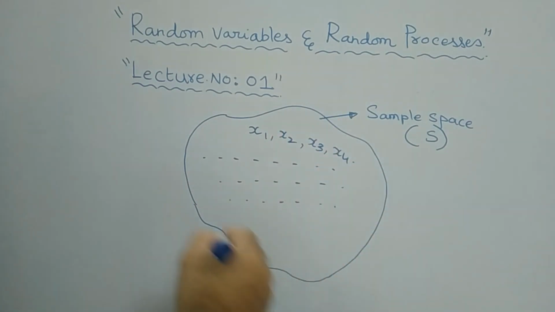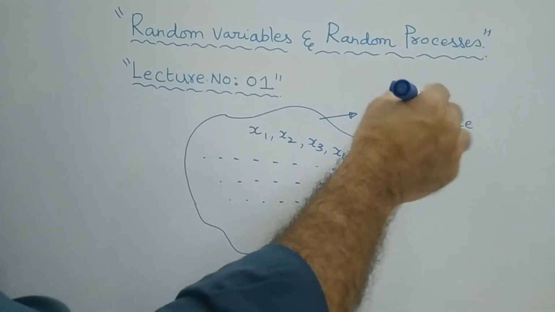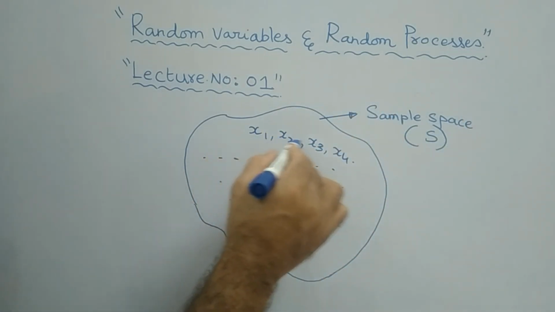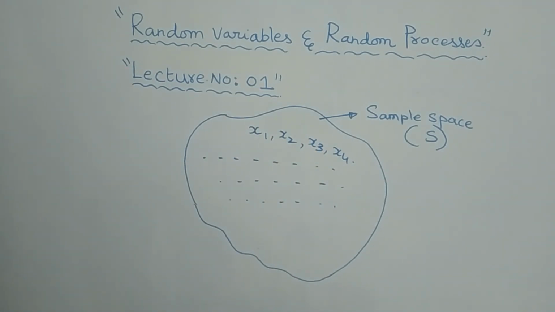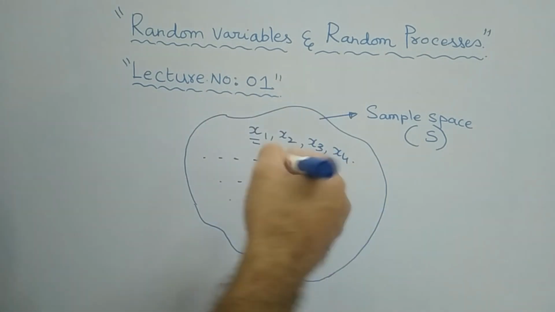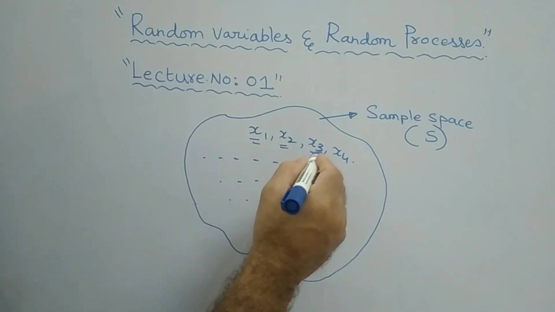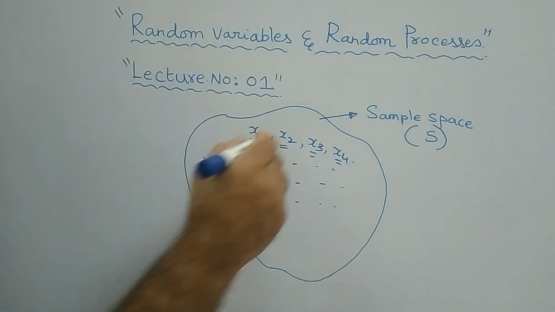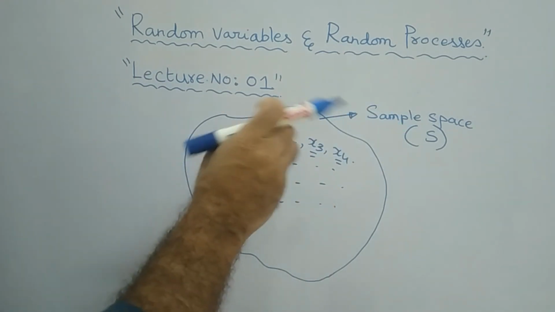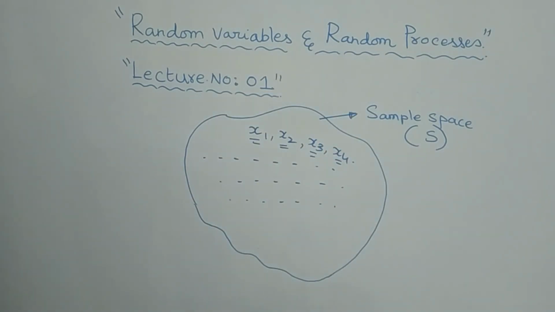So this sample space is performing a certain experiment, and these are the corresponding outputs. For the first iteration, x1 is the corresponding output, for the second iteration x2 is the corresponding output, then x3, x4. These are the different elements, or the outcomes of each iteration of that particular experiment, right?